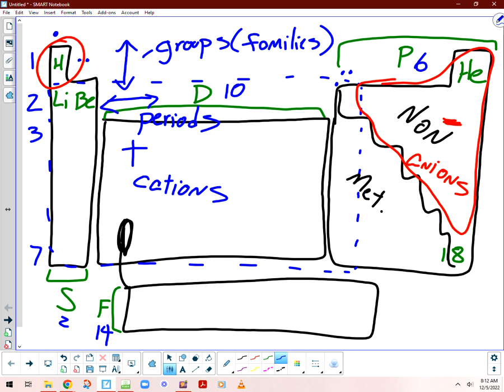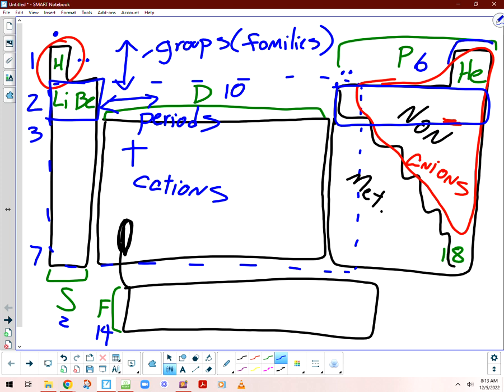There's only space in that first energy level for 2 electrons. With 2 electrons, that level is full. Every other row after that will take on an increasingly large number of electrons. Okay? Period 2 has space for 8. You've got 2 here in the S. You've got 6 here in the P.